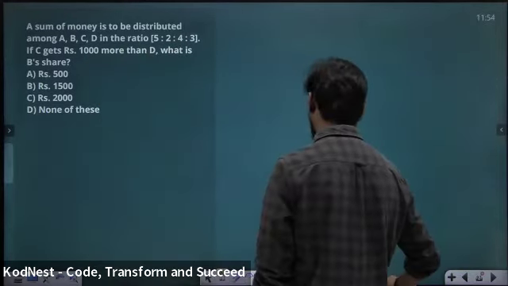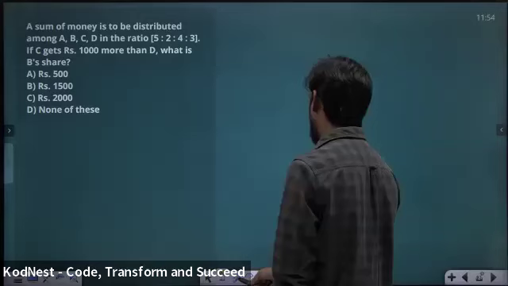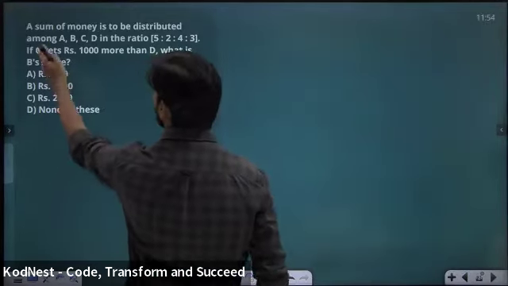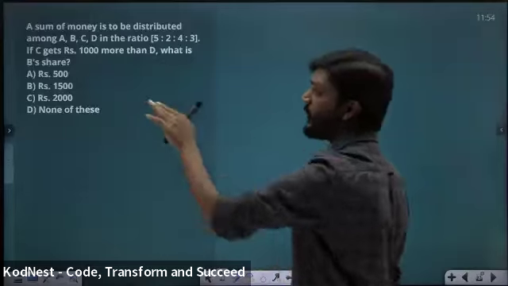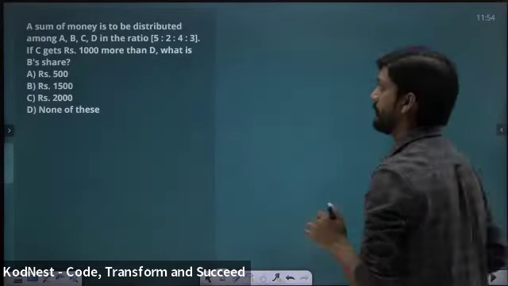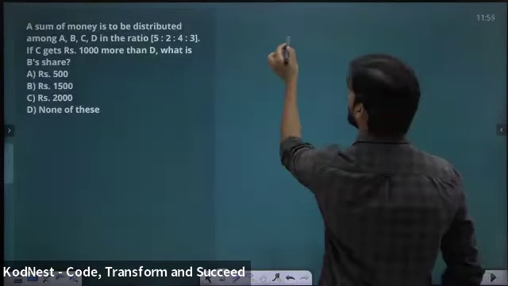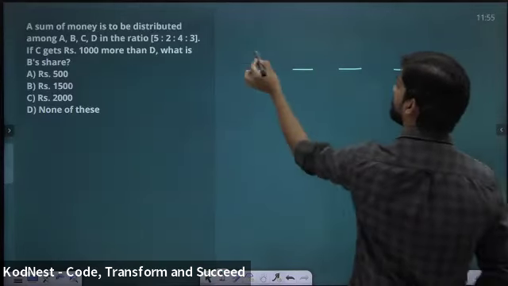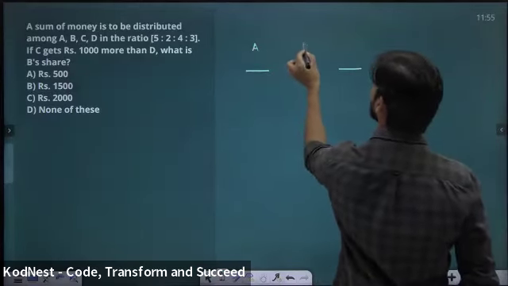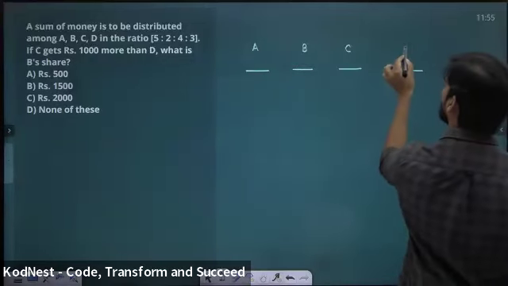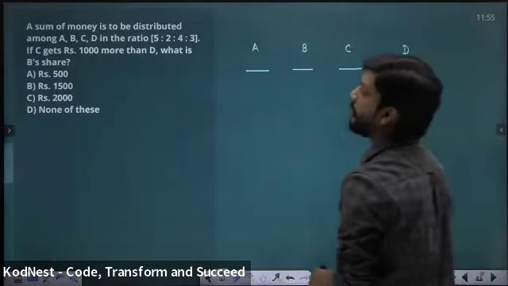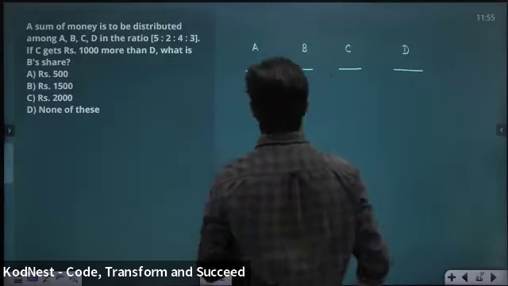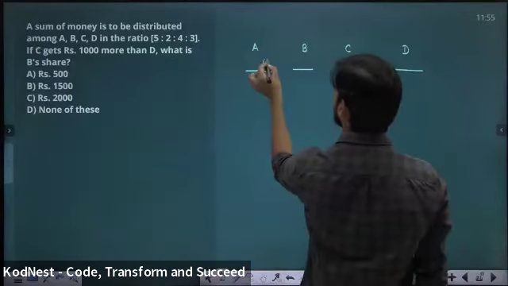Now understand, please. A sum of money is to be distributed among A, B, C, D. How much sum? I don't know. So A, B, C, and D will get certain rupees.